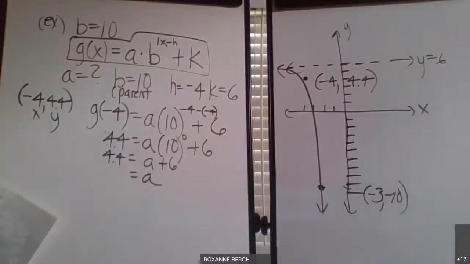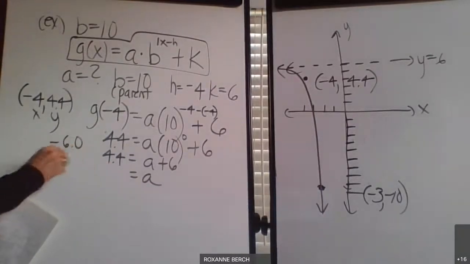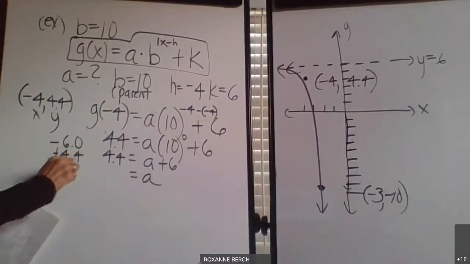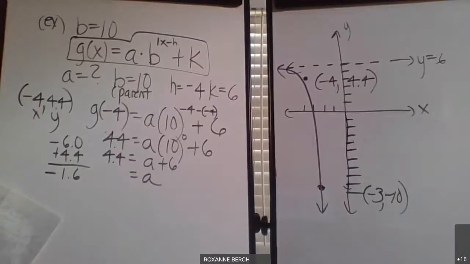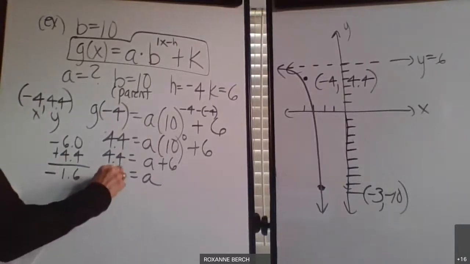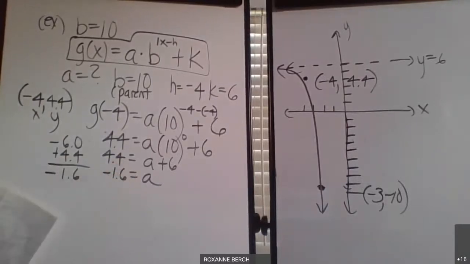And so what you have here, you're going to subtract 6.0. And when you line up the decimals, you get a negative, what is that, 1.6? I know. It's okay. So what's the function?